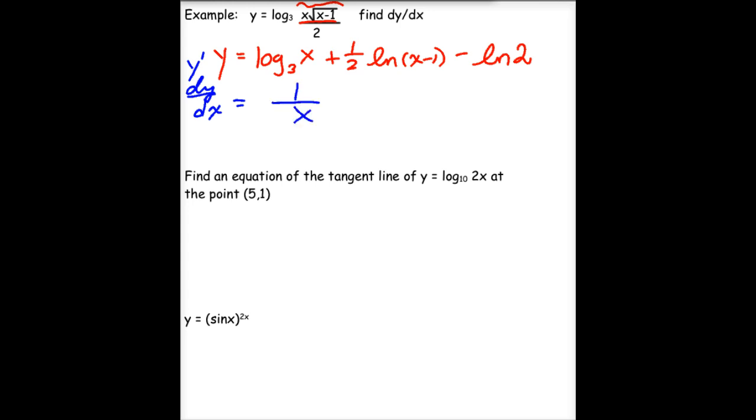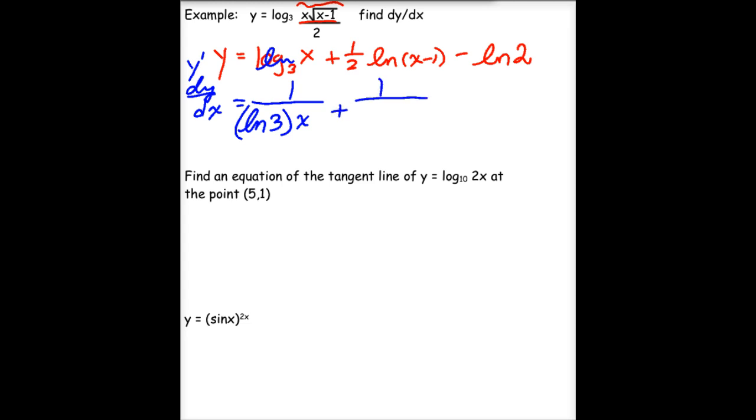But it's not ln x, it's log base 3. So we do ln 3, which should be in parentheses if I'm going to write it correctly. You can go ahead and look at the sheet on the previous page, but this would be 1 over (ln 3)x. Notice how easy it is to remember if you just pretend it's ln, and you go, oh, it's 1 over x, and then you just throw an ln 3 down there in the denominator.